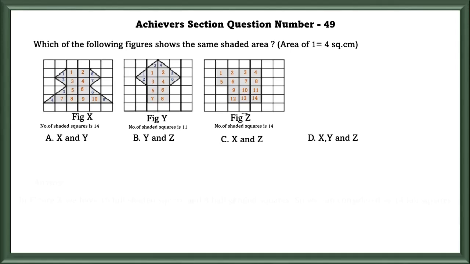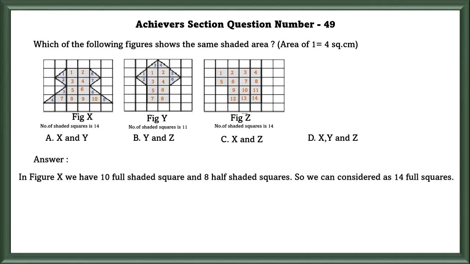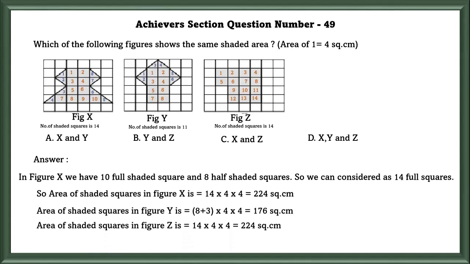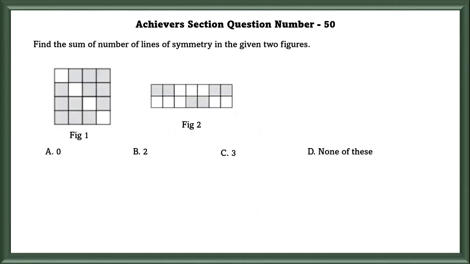So they are the one which have the same shaded area. But let us calculate the area just in case. Shaded area of figure X is equal to 224 square centimeter. In figure Y, 176 square centimeter. And in Z, 224 square centimeter, which is similar to X. So our answer is C.